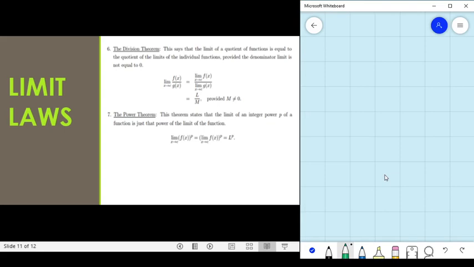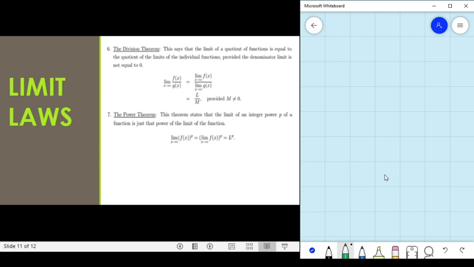That is, the limit of f of x to the power of p as x approaches c is equal to the limit of the function f of x as x approaches c, raised to the power of p.